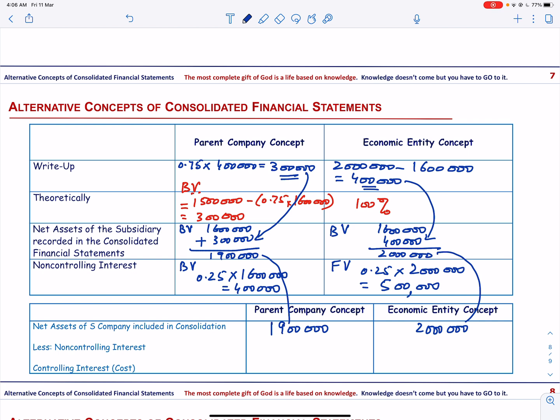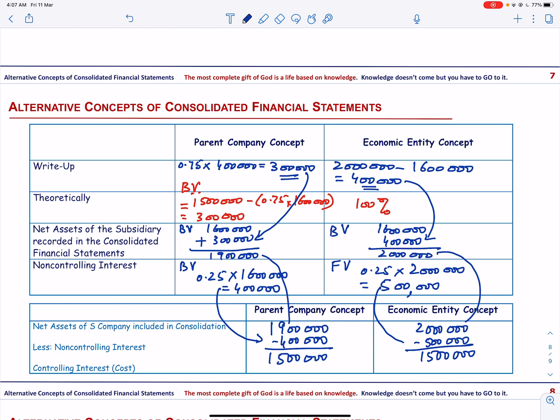The non-controlling interest in the case of parent company was 400,000, and in the case of economic entity concept it was 500,000. So the controlling interest here is 1,500,000, and here also it is 1,500,000. So that's how we get the same value for the controlling interest.